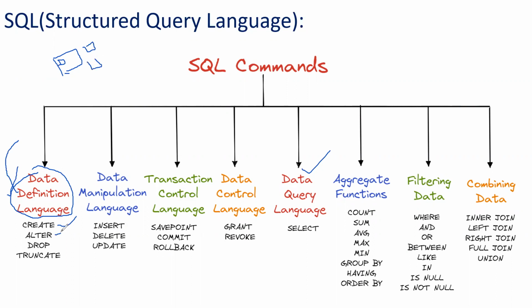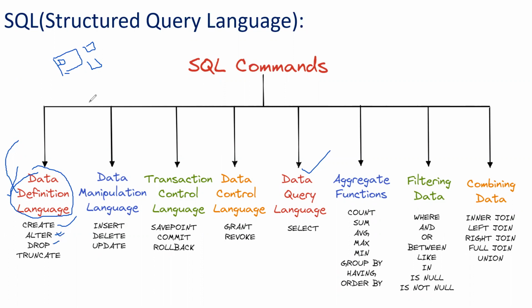And alter means if you want to change the data type of a particular column, or else if you want to modify the column name. Alter means change or modification, then we can use alter.